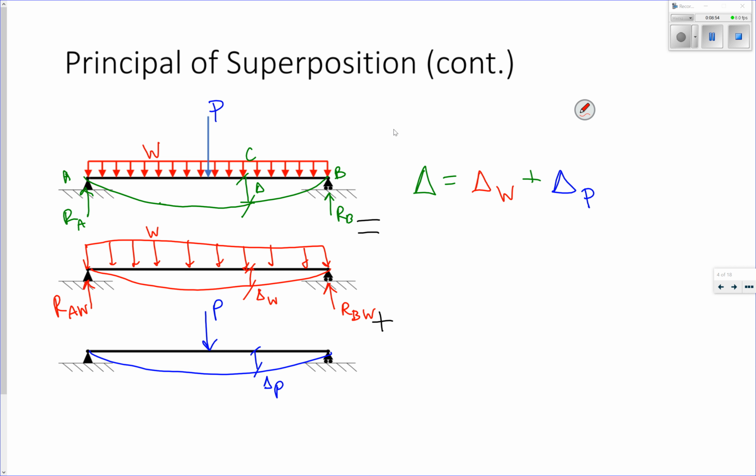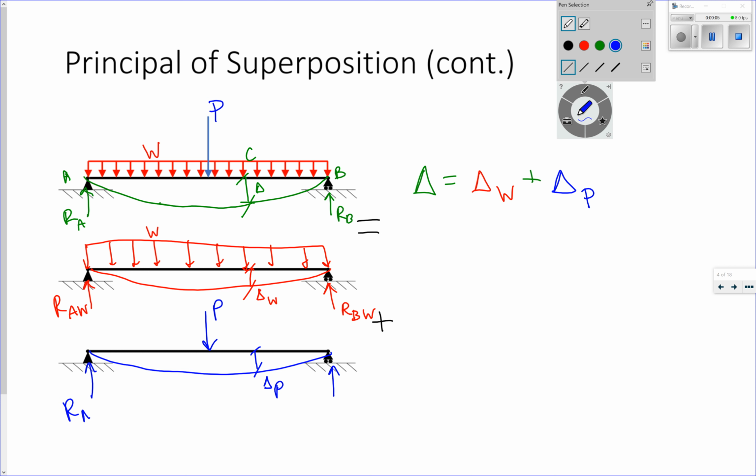These are my vertical reactions due to my distributed load. And I can also solve for my vertical reactions due to my concentrated load. Oopsies, that's a B.